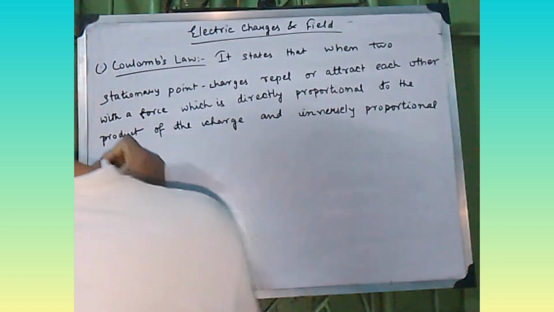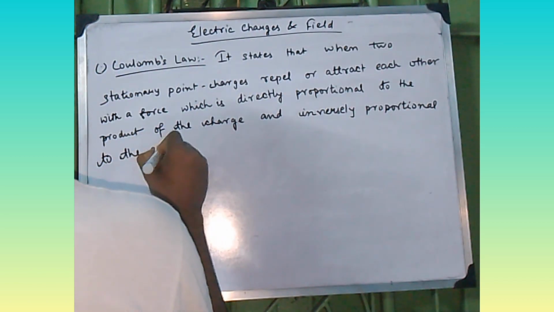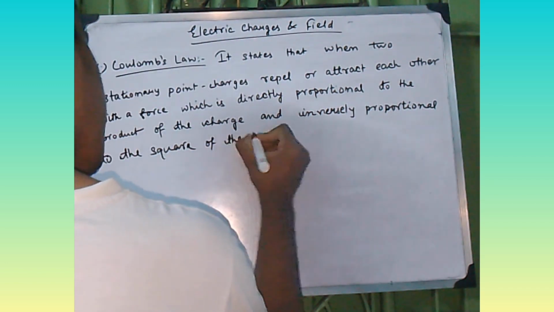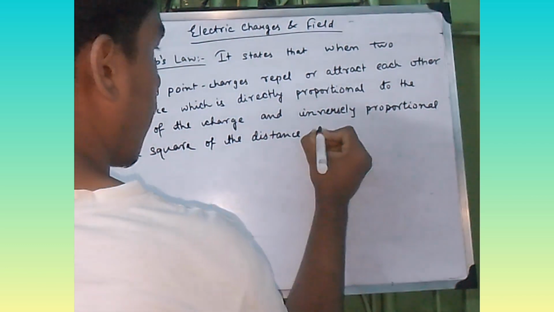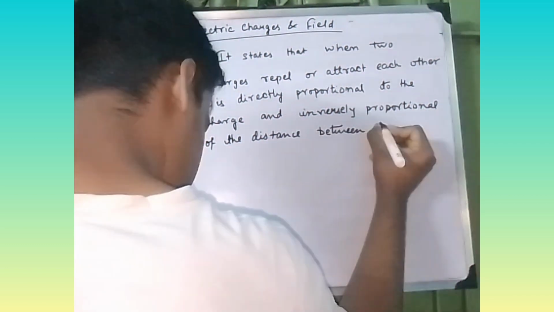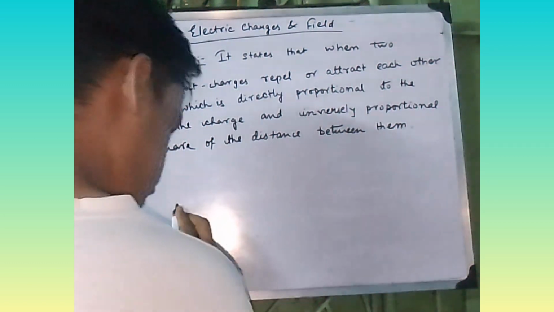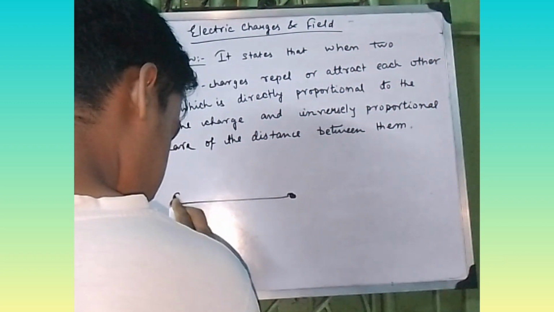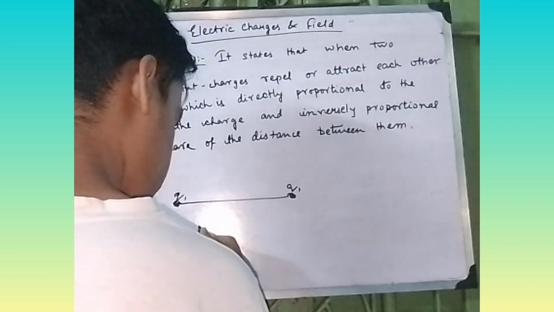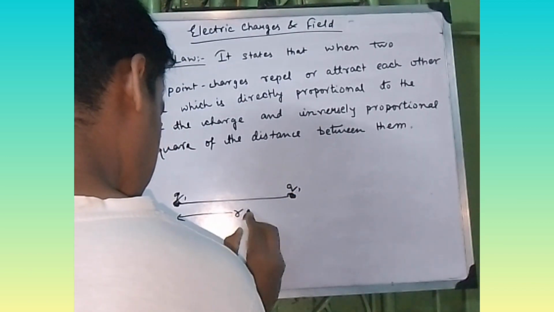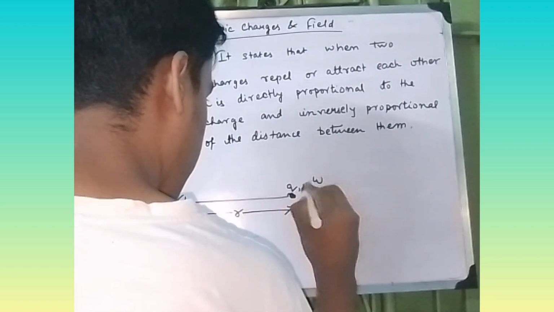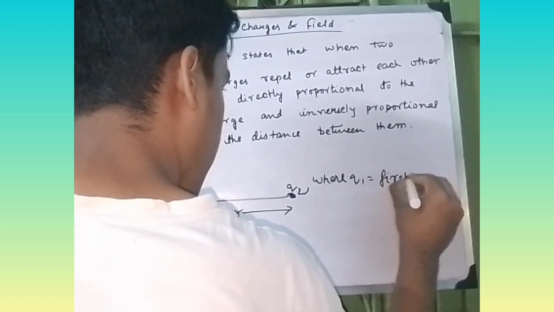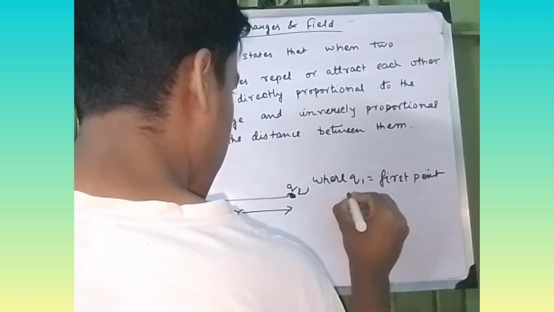First carefully write down the definition and then we will share the equation with you all. To understand this more carefully, let us draw a diagram where q1 is the first point charge and q2 is the second point charge, and r will be the distance between them.